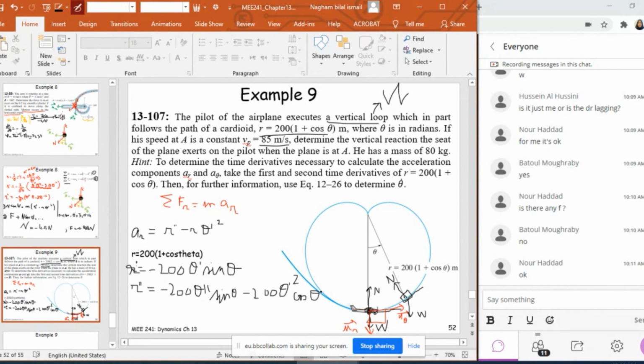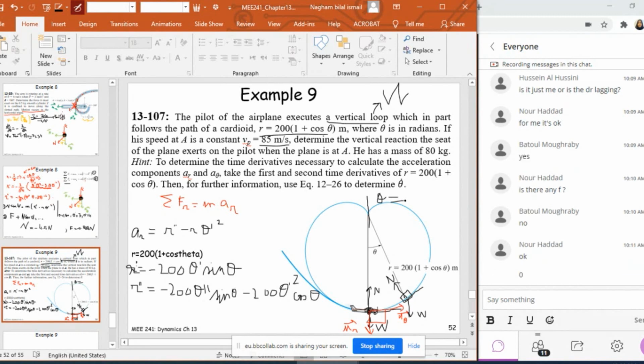All right, guys? Okay. So now, in order to find AR, I need to find R double dot. I know that theta is equal to what at this point, guys? Theta is equal to 0.